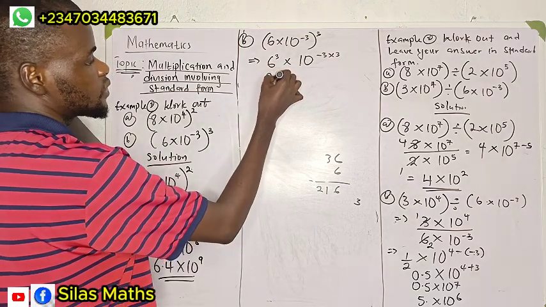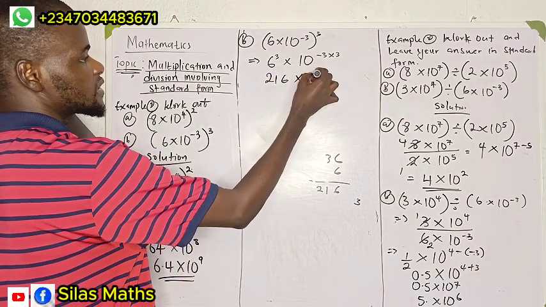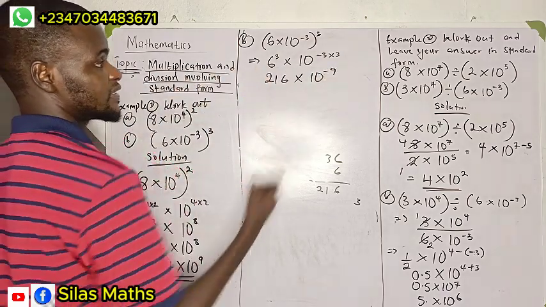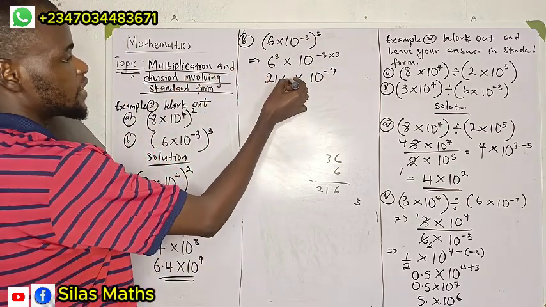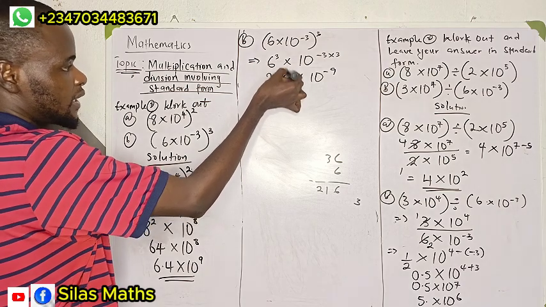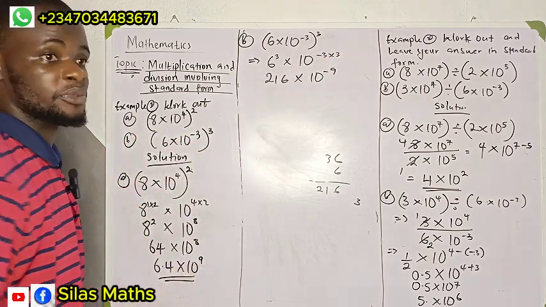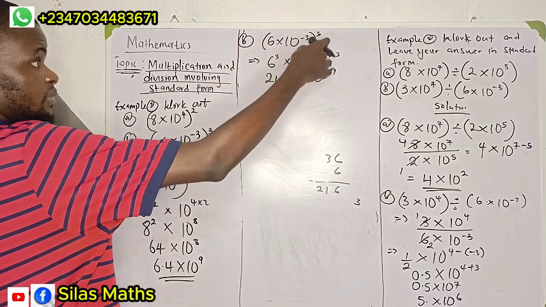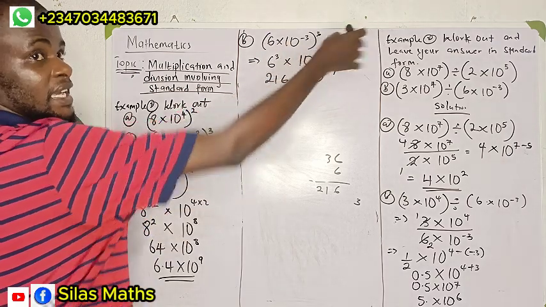So I have 216 times 10 raised to the power negative, this times this is going to give us negative 9, right? So we are shifting the point backward 1 and 2. So what do we do to the exponent? When we shift the point backward, we do what? We add to the exponent.